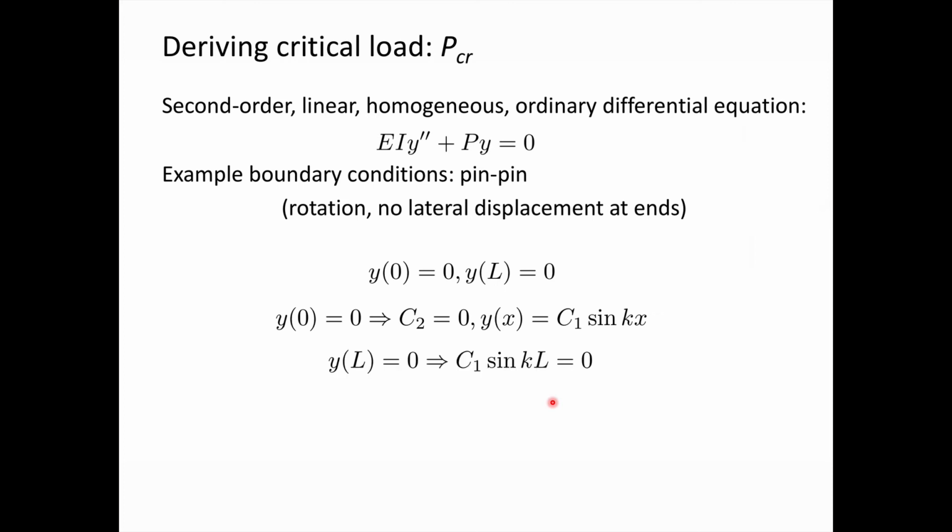Now we apply the second boundary condition, and we see that this term must be equal to 0. So what are the possible cases that will allow this term to be equal to 0? Well, of course, if C1 equals 0, this equation will be satisfied, but that's the trivial solution, and that really doesn't provide any help for analysis of the deflected shape of the column.